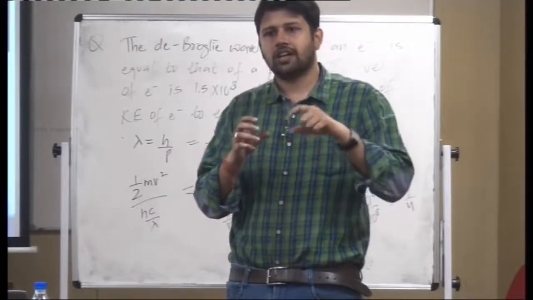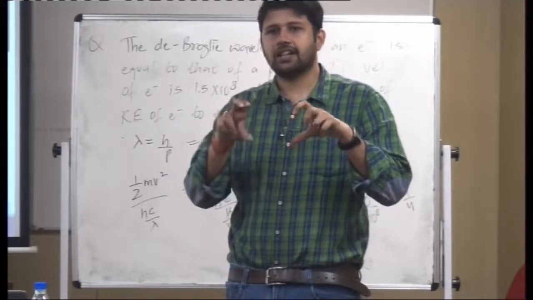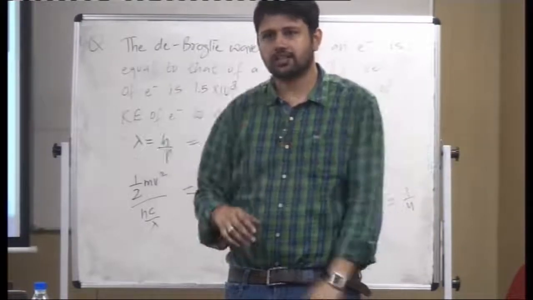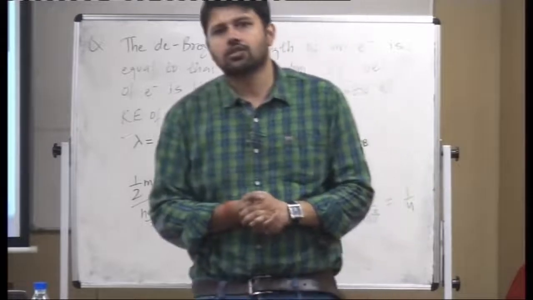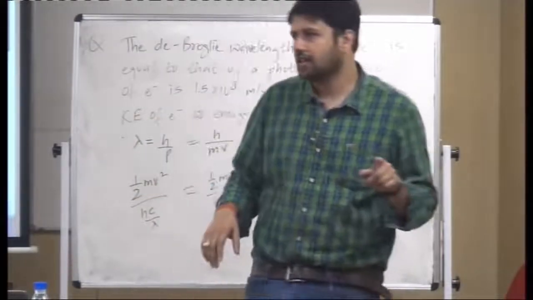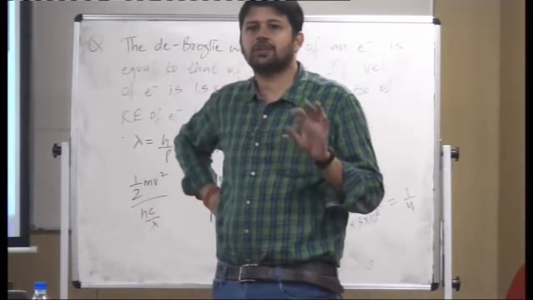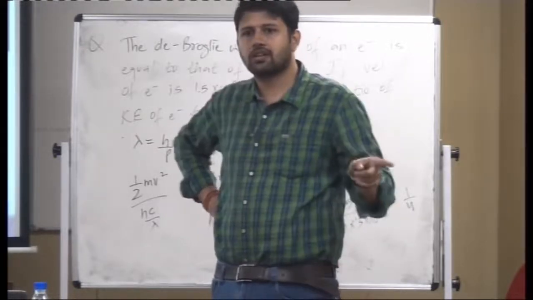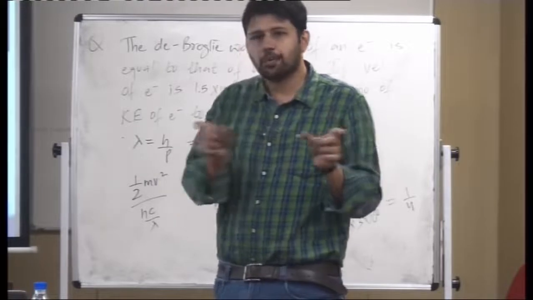Now what happens? A proton and an electron eject out in opposite directions. The question asks, what are their de Broglie wavelengths? You need to remember that their de Broglie wavelengths would be the same because they would carry the same momentum in opposite directions.